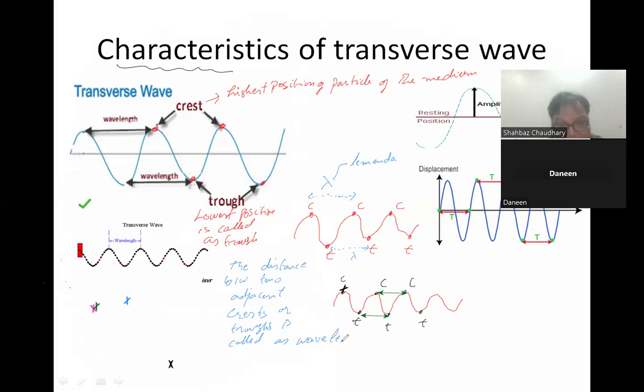It is the distance between two adjacent crests or troughs. Any problem on these definitions? One is crest, one is trough. Now the important definition is wavelength. What is wavelength? The distance between two adjacent crests or troughs.